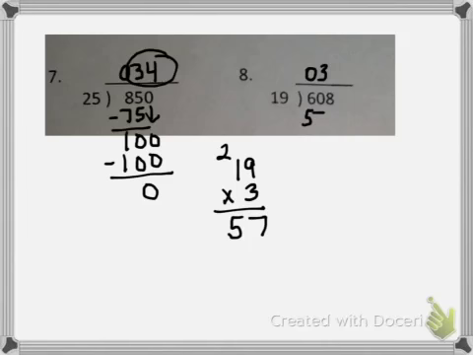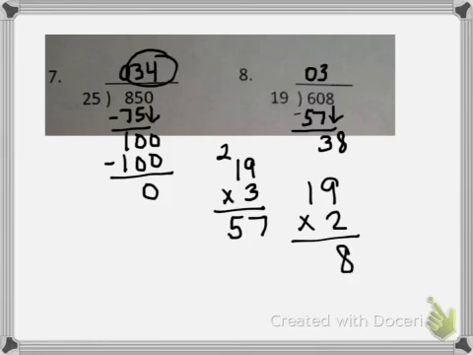The product is 57, and the difference is 3. Bring the 8 down. 19 times 2, let's see, that's 18, carry the 1. 2 times 1 is 2, plus 1 is 3. So it looks like 19 goes into 38 exactly 2 times. And running out of space, our difference is 0. So the quotient is 32.